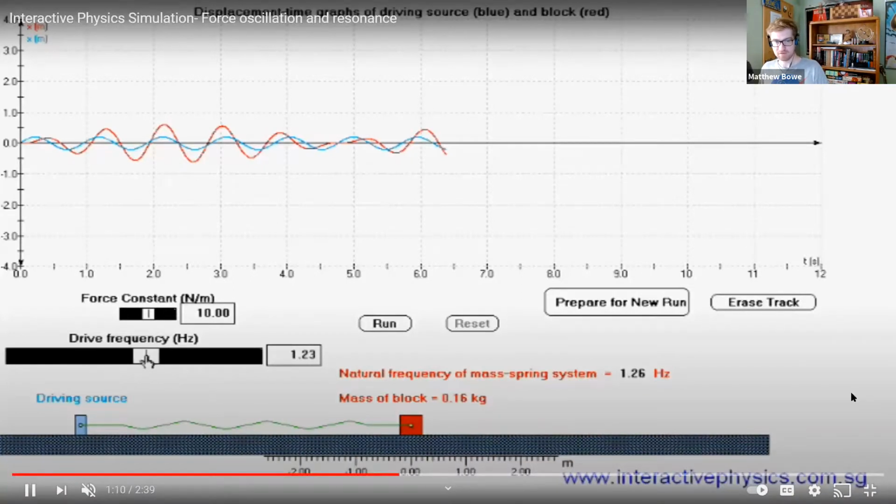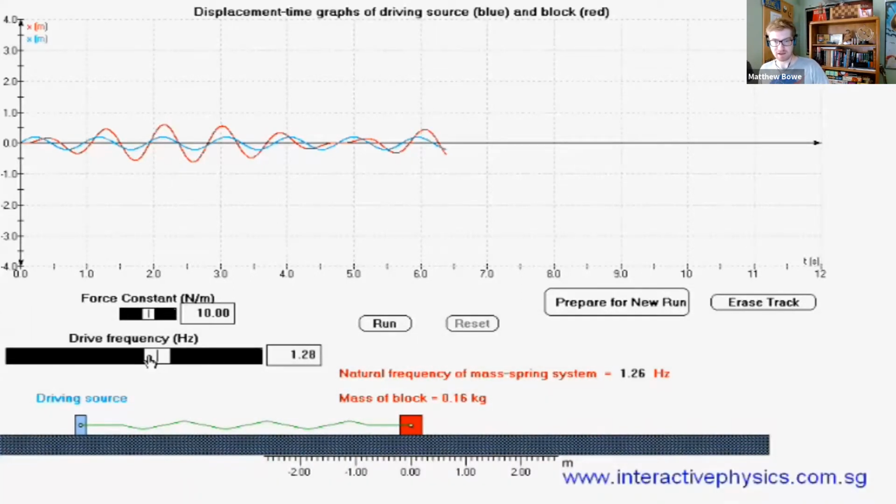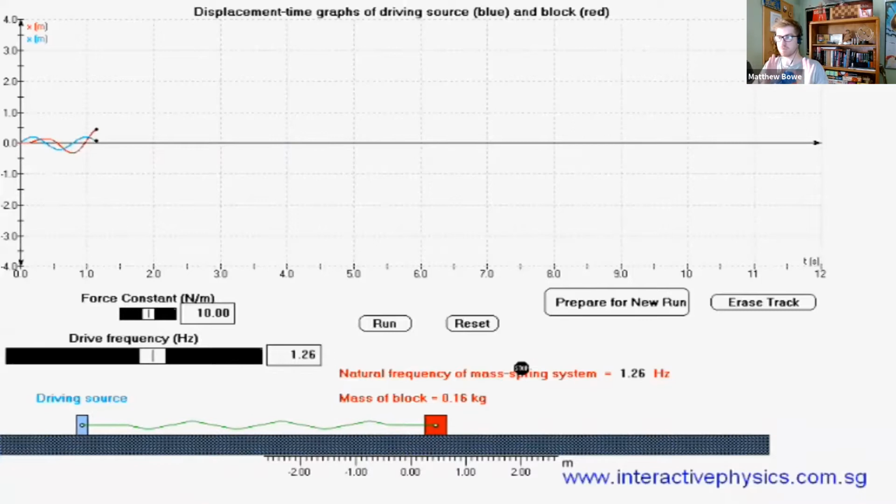But if this person matches exactly the natural frequency of the mass spring system, so now the drive frequency perfectly matches the frequency of the spring and block, you're pushing right at the right moment every time. You're giving it the correct push at the correct time.